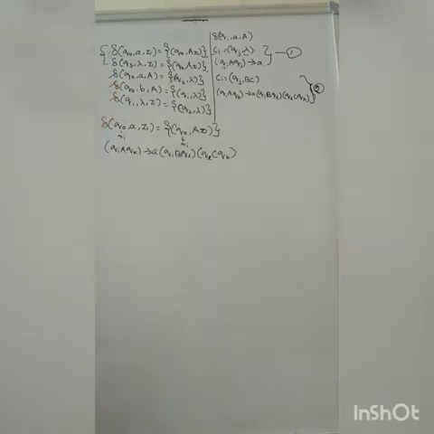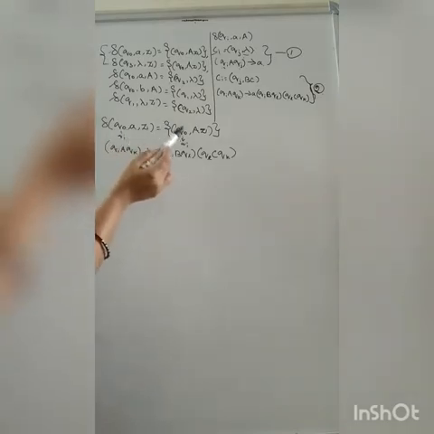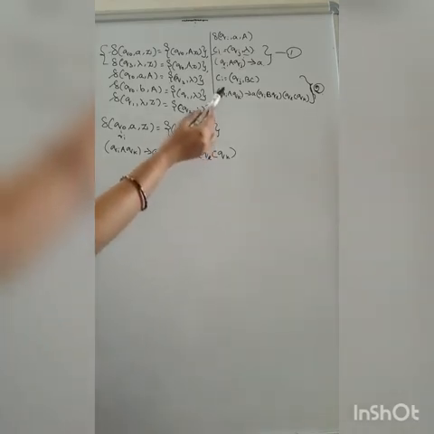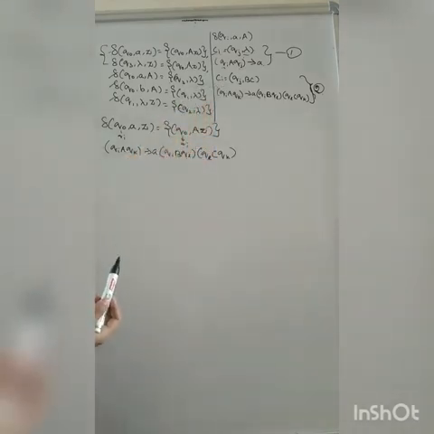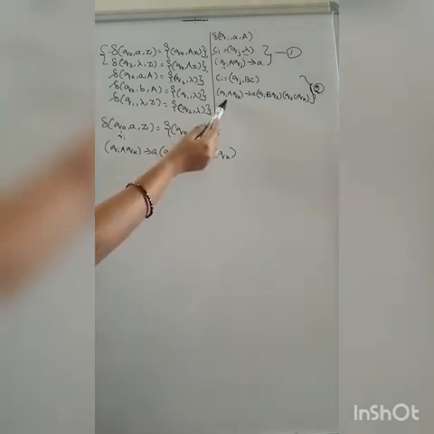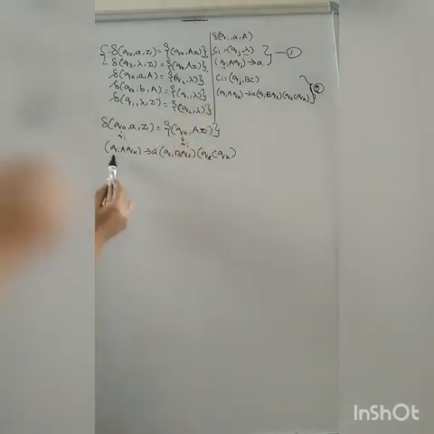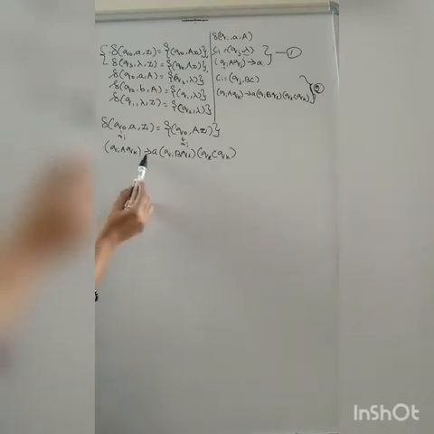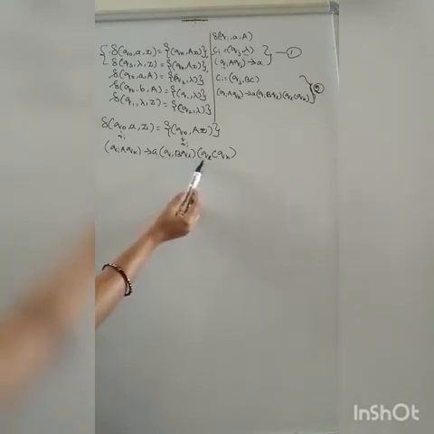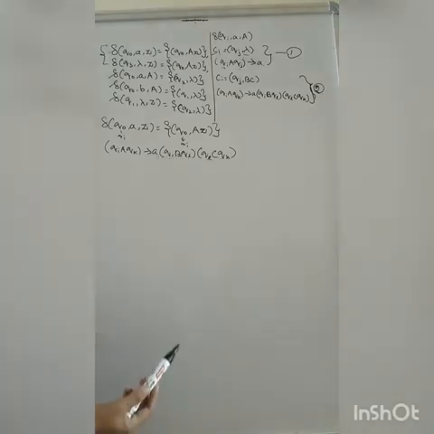What I am going to write here is δ(Q0, a, Z) = (Q0, aZ). Since it is in the form of δ = (Qj, BC), we are going to define the context free grammar in this form. That's why here I have written [Qi A Qk] tends to a [Qj B Ql][Ql C Qk].